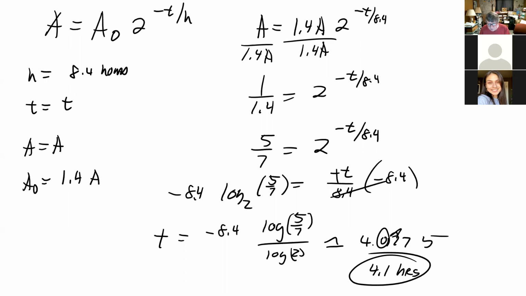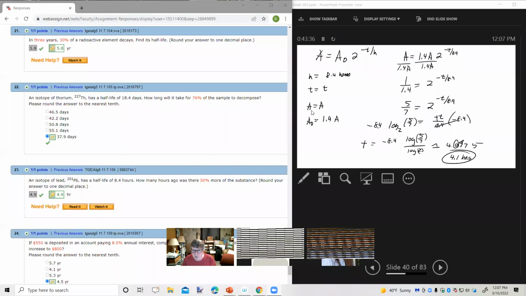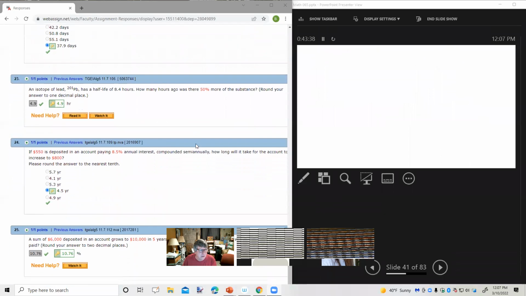No, it's a different number. Well, we'll do it. Why not? So now it's 50% more. We had 20% more, we had 40% more. Now we've got 50% more.